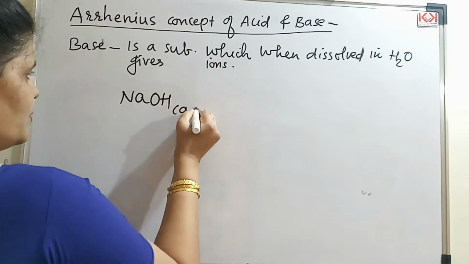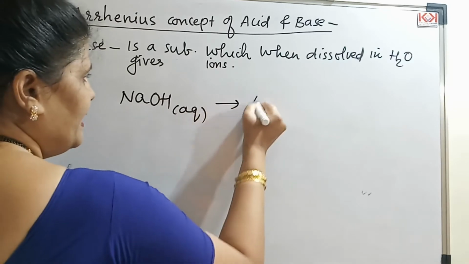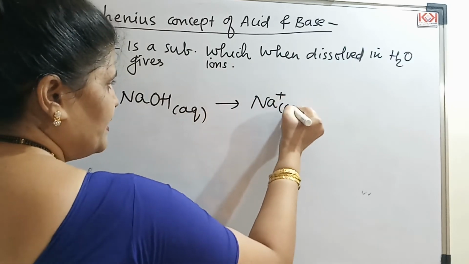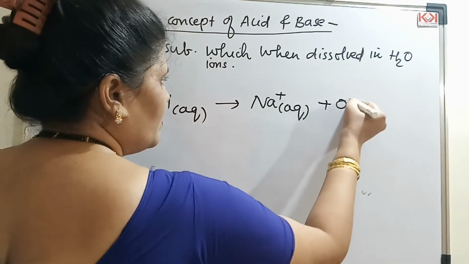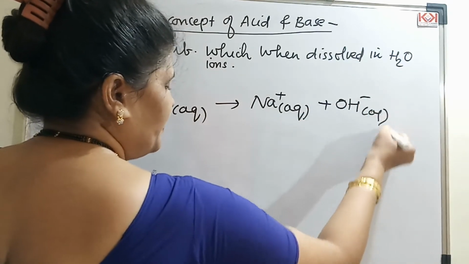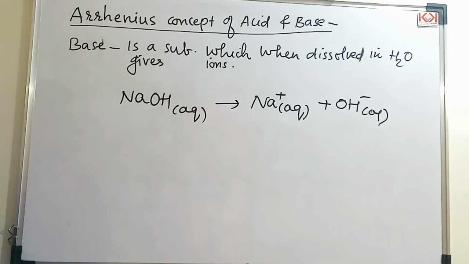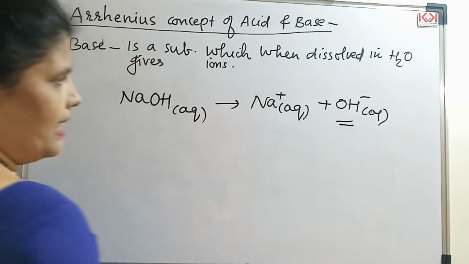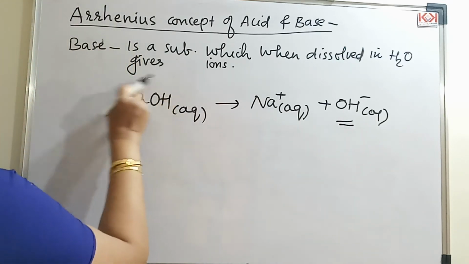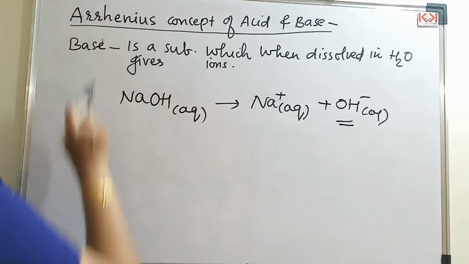I will add this to water. What I will get, student? You can practice this simultaneously. It will be Na plus aqueous plus OH minus aqueous. Please make a practice of writing this. Very important and useful. If I see NaOH, what it is giving, student, here is OH minus ion, and so NaOH is classified as a base according to Arrhenius.